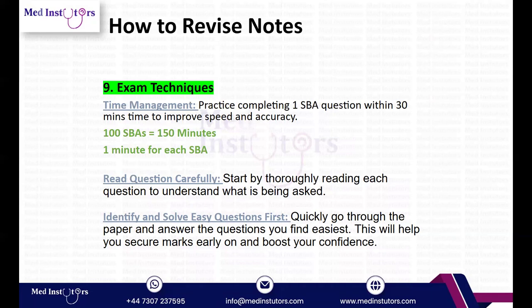At the end of the exam, they will show you a list of the questions you solved in the first go, and there would be another list for the questions which are red flagged by you, and there would be a third list of questions you never attempted. So the questions you have solved in the first go will give you an idea of where you are exactly standing in your exam performance.